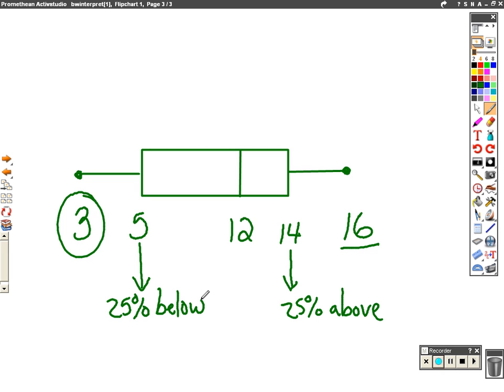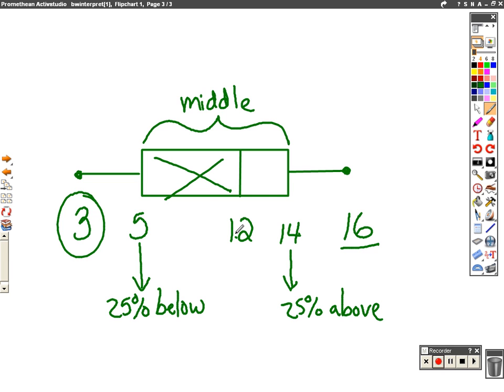The middle 50% is always my box, so that's going to be between 5 and 14. Now, if you had to estimate the mean, what two numbers would the mean be between? Let's look at our box. This side definitely looks bigger than this one. So my mean is between 5 and 12.